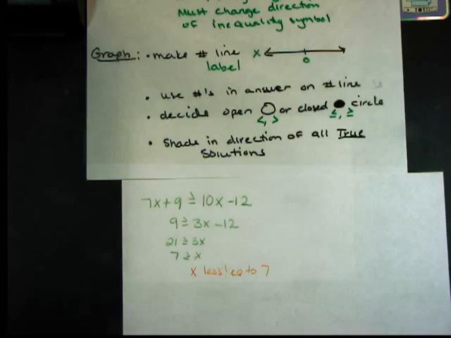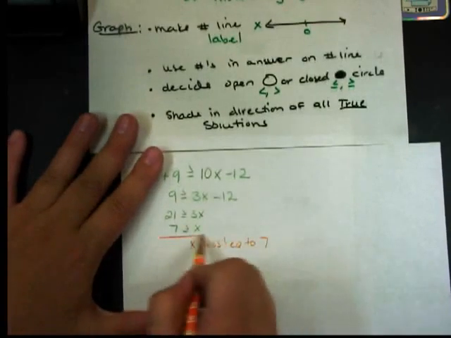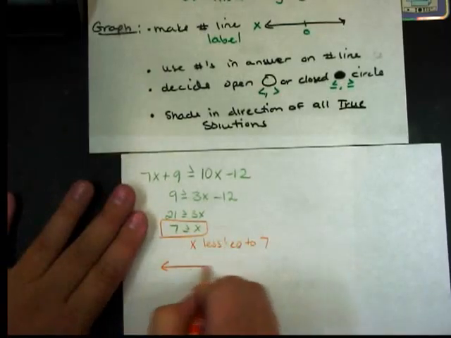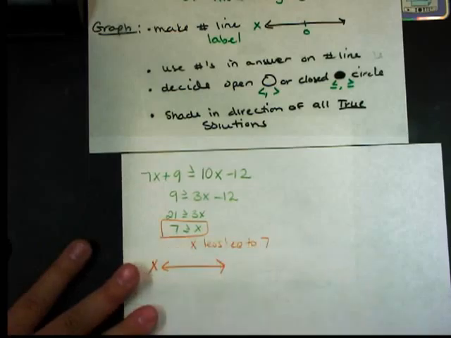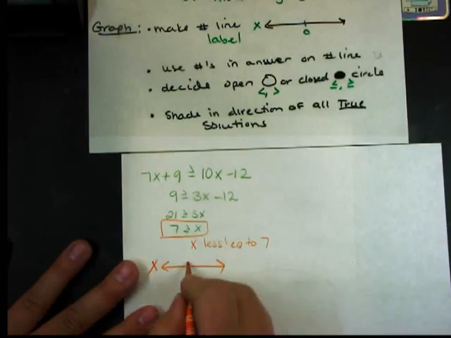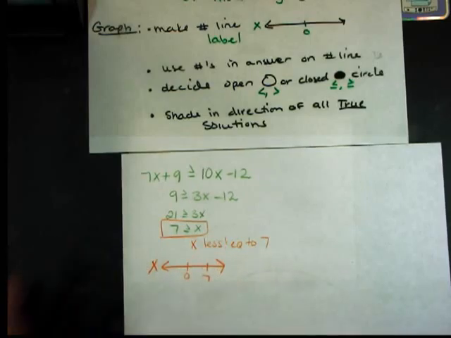So when I graph this, here's the solving part of it. When you're asked to graph this, you make a number line that has a label on it, and the label is going to be whatever the letter of the problem is. Here's my origin. Here's my number in the problem, 7. Now I need to decide open or closed circle.